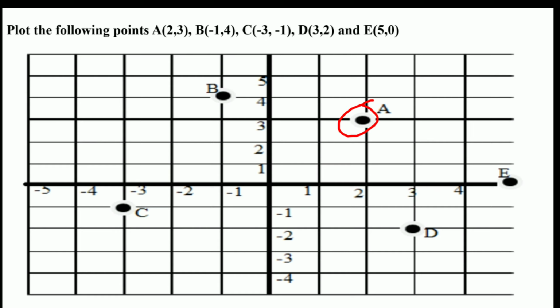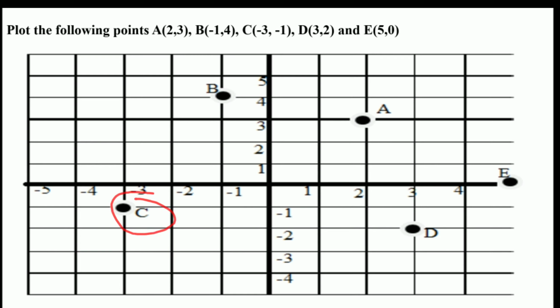This is point A. Similarly, for point B (-1, 4), we go 1 unit to the left of and 4 units up from the origin. This is point B. For the third point, C (-3, -1), both have a negative sign, so we go 3 units to the left of and 1 unit down from the origin. That is point C here.